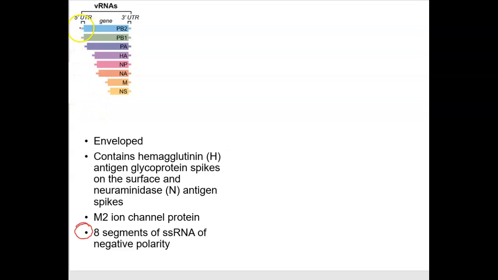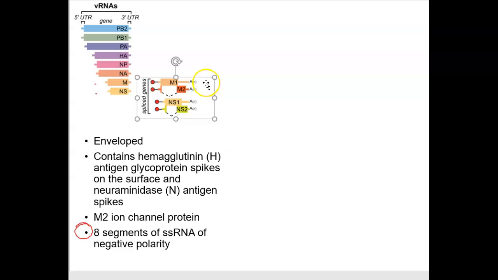all of them are going to encode for one messenger RNA and one gene, except M and NS, non-structural protein. These ones are spliced. That means that they can encode for multiple genes.